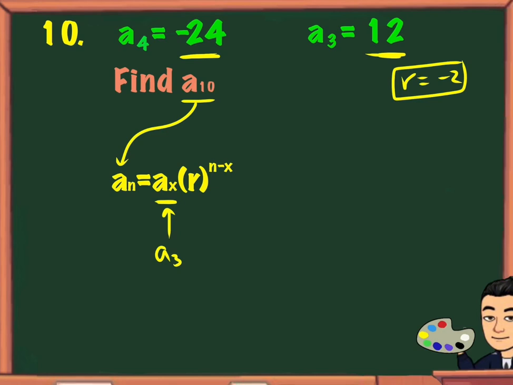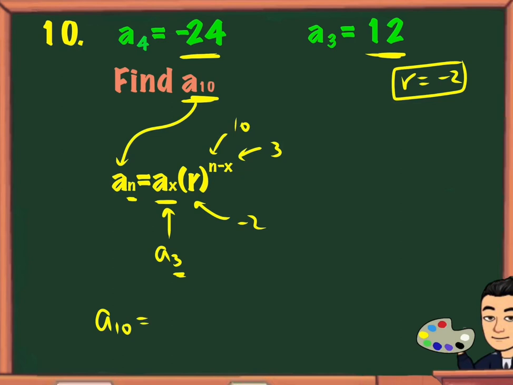If I plug in a sub 10 into a sub n, then n equals 10, and x equals 3 because I used a sub 3, the third term. I already know the common ratio is negative 2, so just plug in everything, looking for a sub 10.